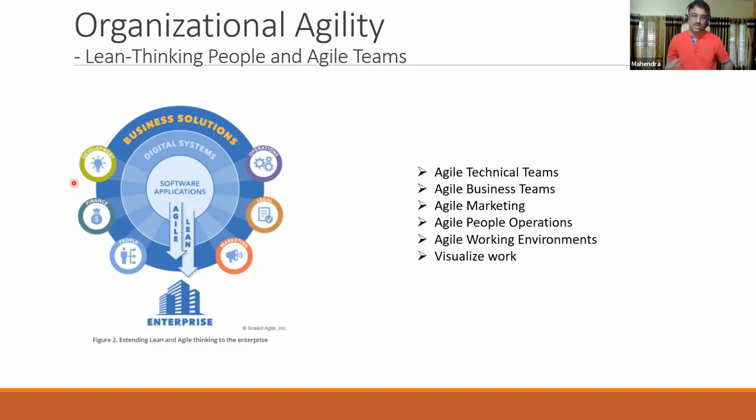If it is in physical space, we make the work visual through our walls, and in the virtual space, there are various tools which we use to make the work visual. Right from portfolio to the program to the team, everything has to be made visual.